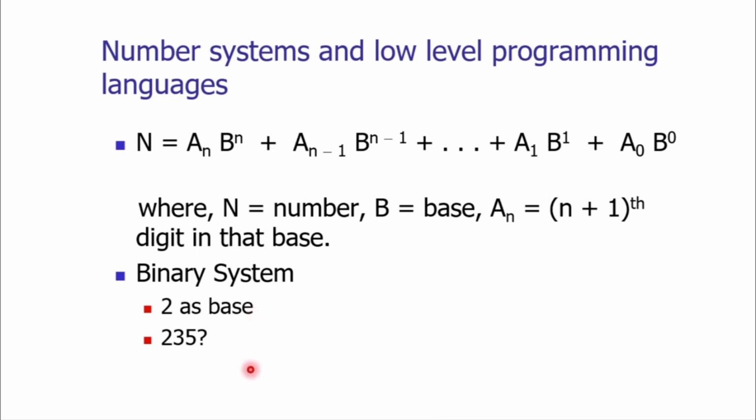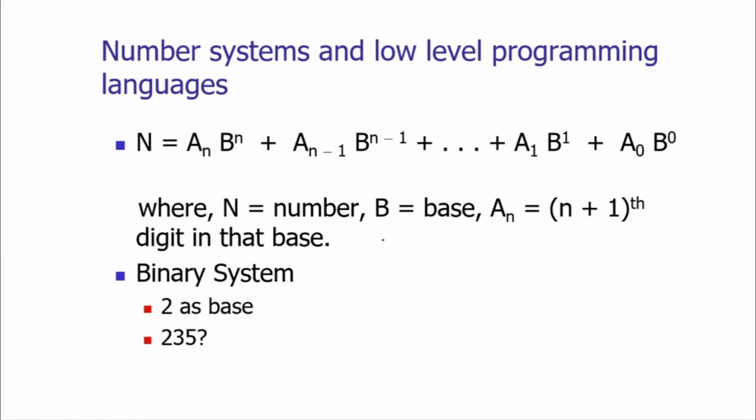Now let us find out the binary representation of the number 235. This is just a revision. Most of you may know about the conversion of decimal to the binary system, so let us find out how we can convert.